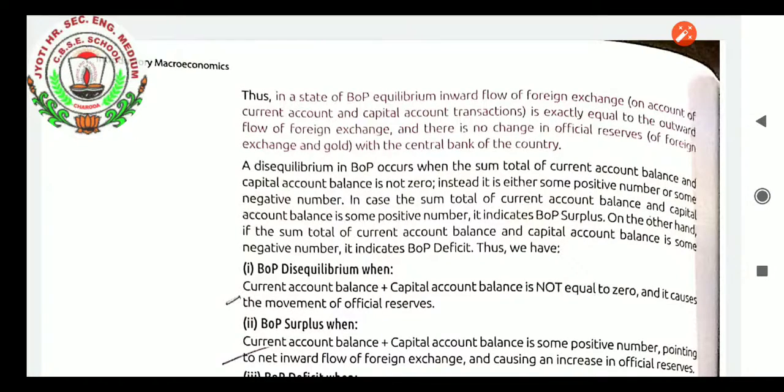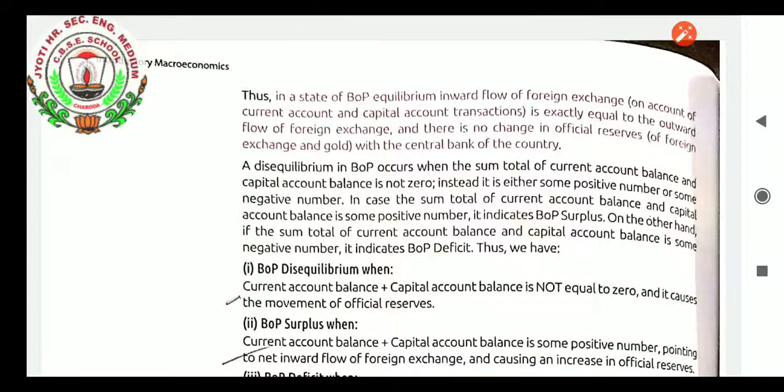Maximally, disequilibrium cases are more. The disequilibrium in balance of payment occurs when the sum total of current account balance and capital account balance is not 0. Instead it is either some positive number or some negative number, as in the earlier question it was a positive number. In case the sum total of current account balance and capital account balance is some positive number, it indicates balance of payment surplus.